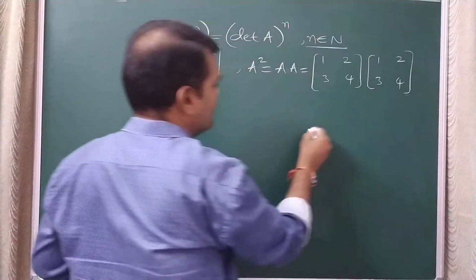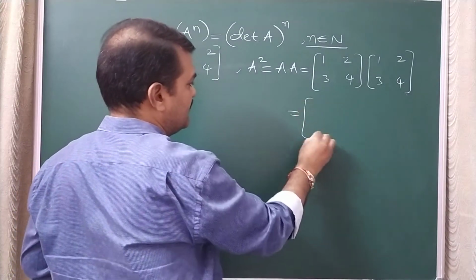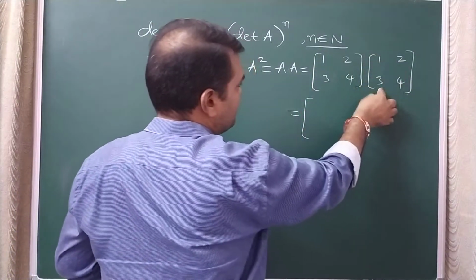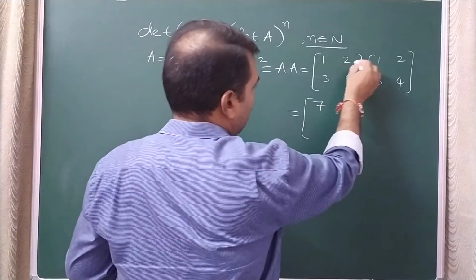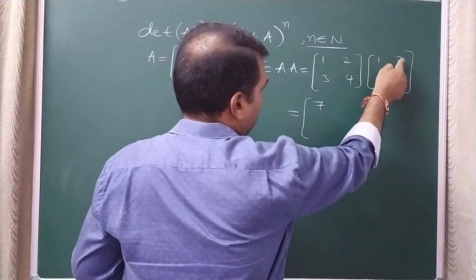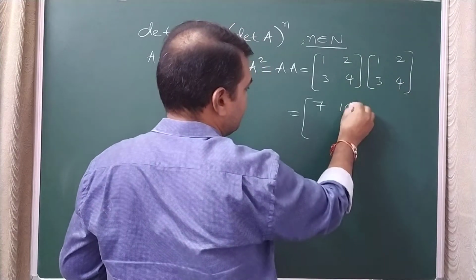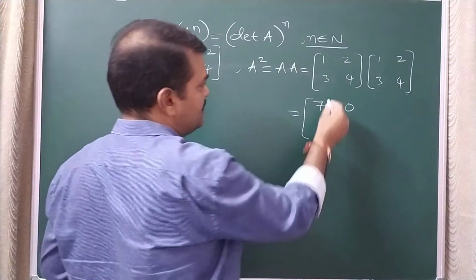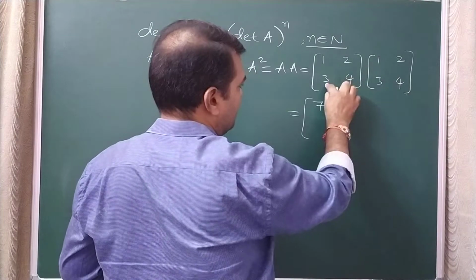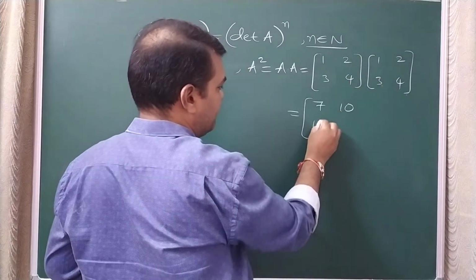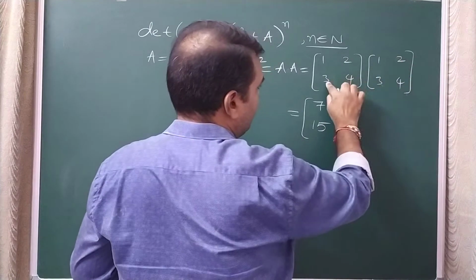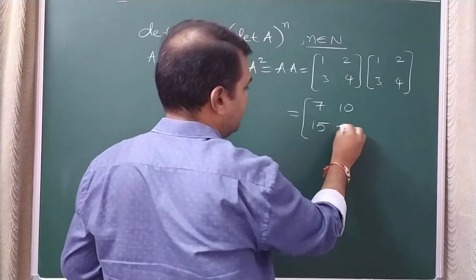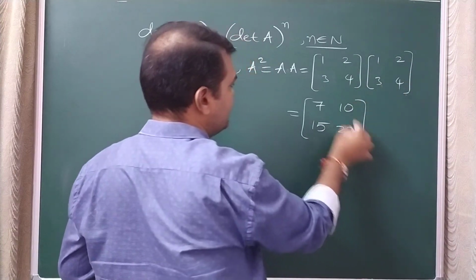First row with first column: 1 plus 6. First row with second column: 2 plus 8. Now the second row with first column: 3 plus 12, 15. Second row with second column: 6 plus 16, 22. So this is A square.